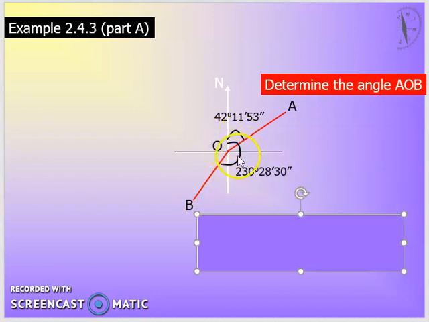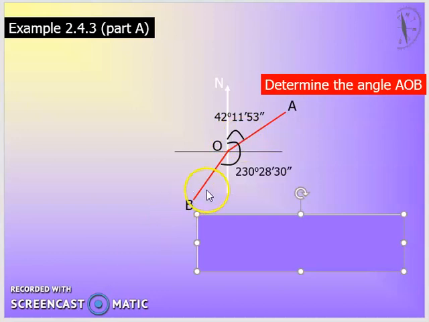That being the case, you can find the interior angle AOB, that means this angle. So how to do it? You take the bigger angle, 230 degrees, 28 minutes and 30 seconds, subtract away the smaller angle of 42 degrees, 11 minutes and 53 seconds.